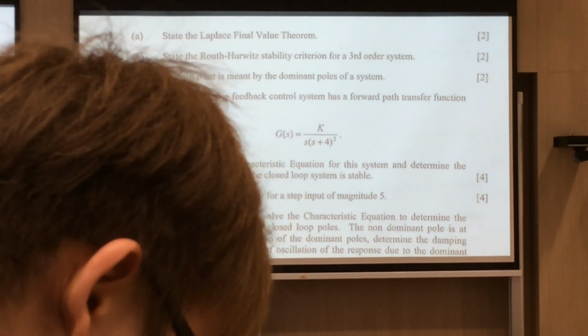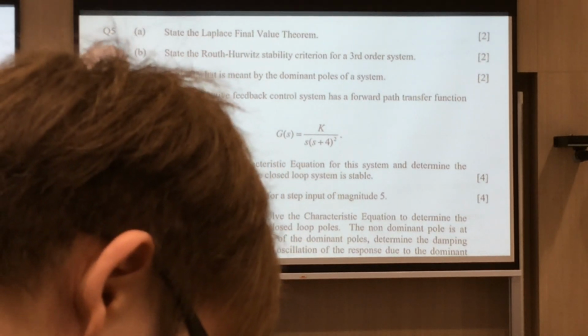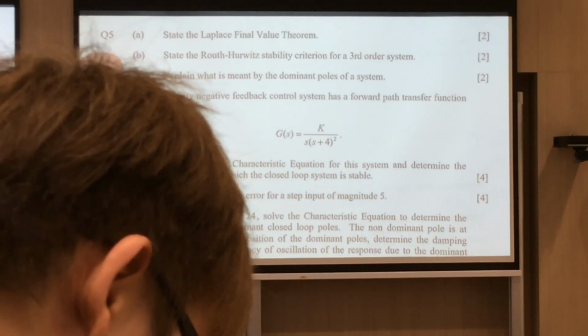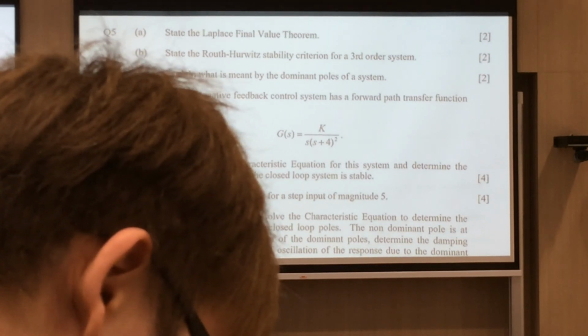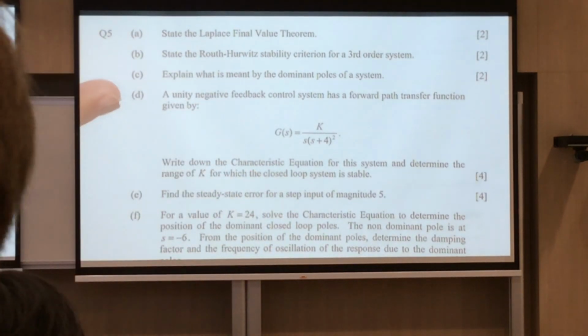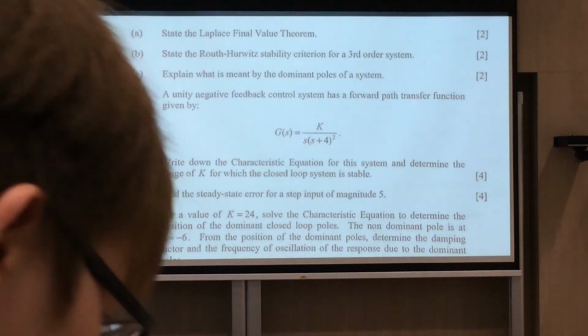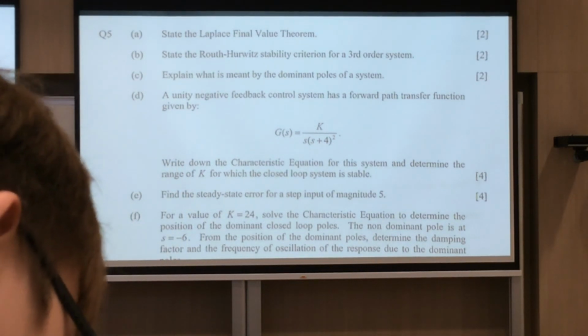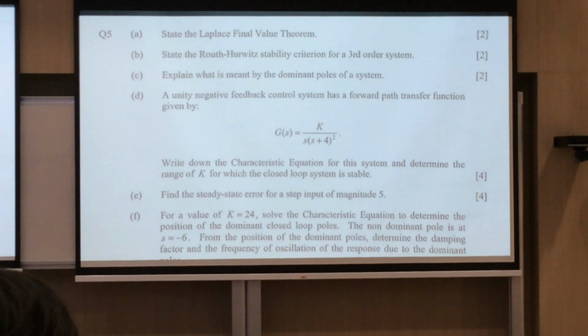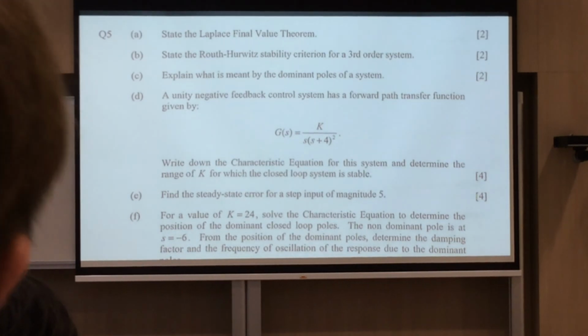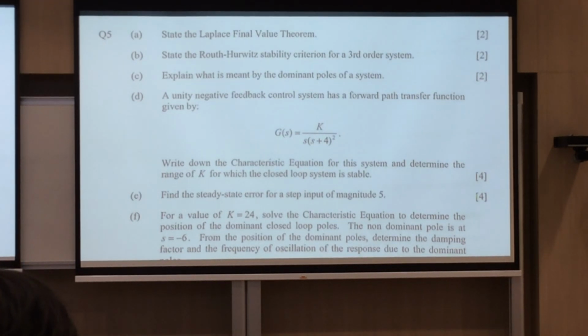Okay? So simple things like stating this, stating criterion for a stable system, and explain what is meant by dominant poles of the system. Alright, so these are things that I expect you to know, but they are not very explicitly defined in the lecture notes. Okay? So this is very much about how much you understand the material in the lecture.